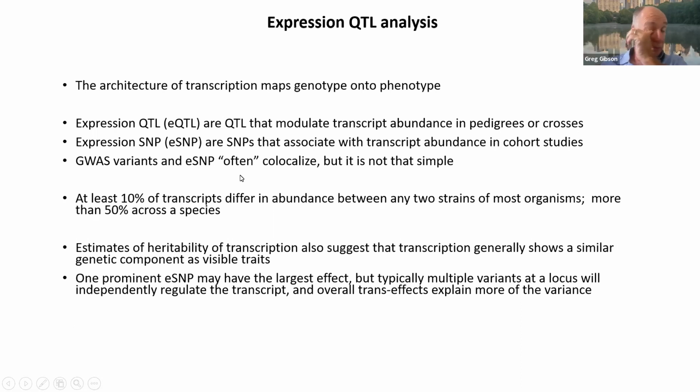And I'll show some data in a little bit from single-cell e-SNPs, so it's getting better and better. But even so, currently the best estimate of any published studies is that about 20% of GWAS variants actually can be localized with confidence to an e-SNP. So we're a long, long way from understanding why it's that complex.